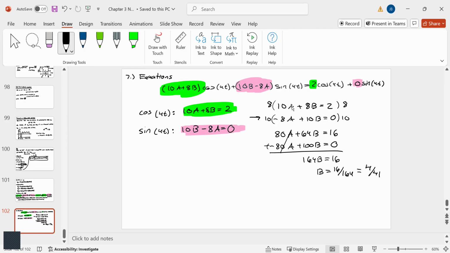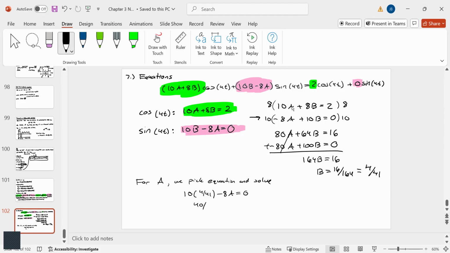Right? So we got B. And then for A, we pick an equation and solve. It doesn't matter which one. I'll just do 10 times 4 over 41 minus 8A equals 0.